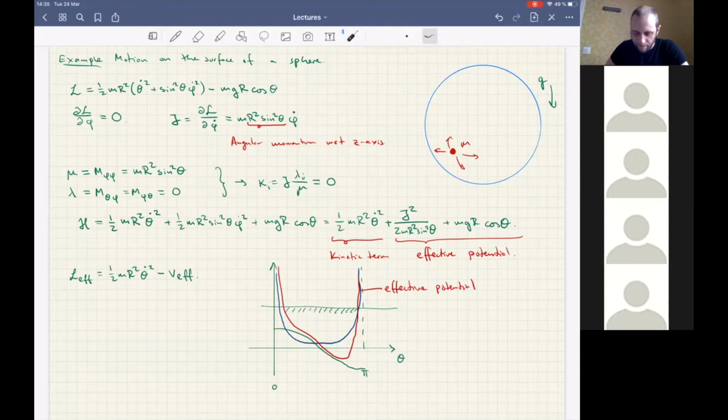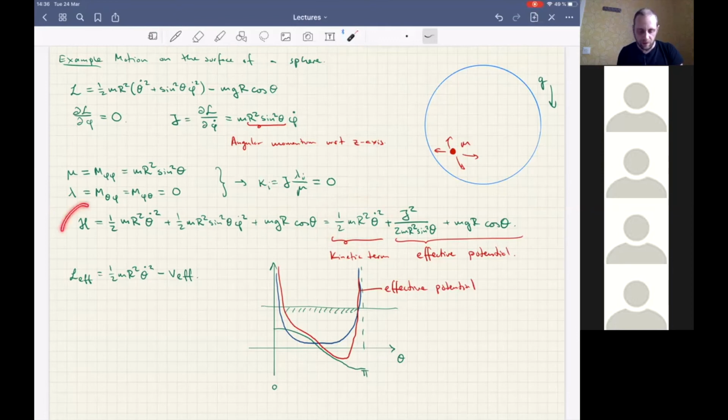I didn't quite understand the horizontal line you drew, and the explanation. This horizontal line? Yeah, exactly. So this represents the energy, so the value of the Hamiltonian. If the value of the Hamiltonian is here, we know that since this kinetic term is positive, the Hamiltonian must be larger than the effective potential, wherever we are.